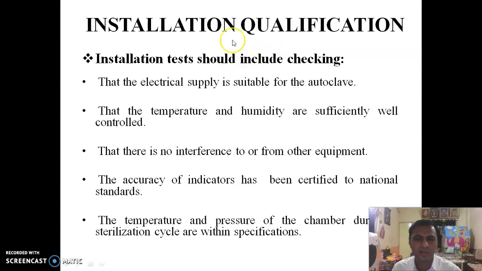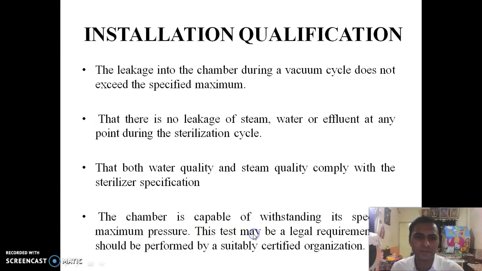Installation qualification should include the following checks: that the electrical supply is suitable for the autoclave, that the temperature and humidity are sufficiently well controlled, that there is no interference to or from other equipment, that the accuracy of indicators has been certified to national standards, that the temperature and pressure of the chamber during a sterilization cycle are within specifications, that the leakage into the chamber during a vacuum cycle does not exceed the specified maximum, that there is no leakage of steam, water, or effluent at any point during the sterilization cycle, that both water quality and steam quality comply with sterilizer specifications, and that the chamber is capable of withstanding its specified maximum pressure.